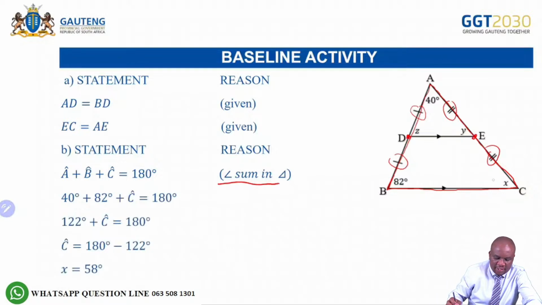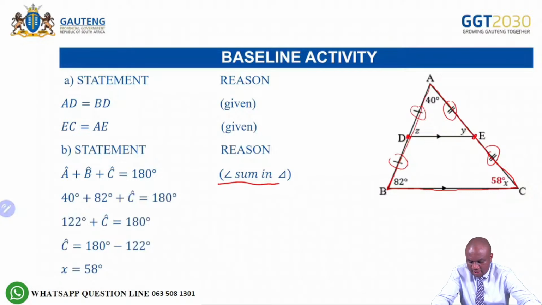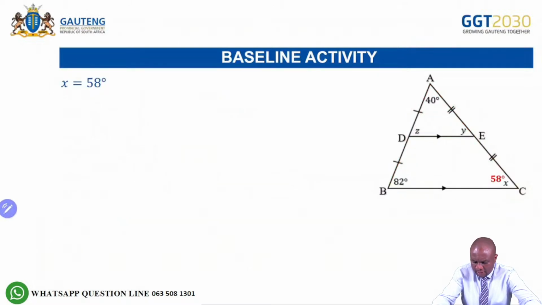That is 58 degrees. Okay, right, now after finding X, how can you find Y? How can you find Z? Let's look at Z because it's here on the left hand side. So Z is equal to what? We're told that DE is parallel to BC.